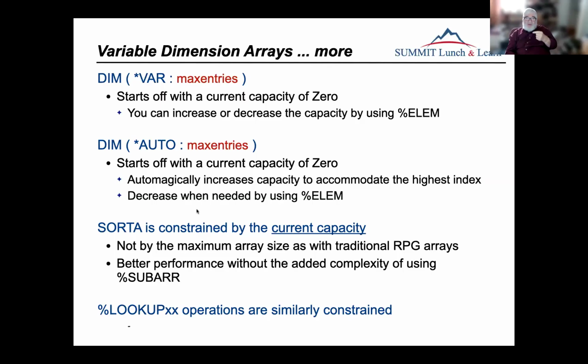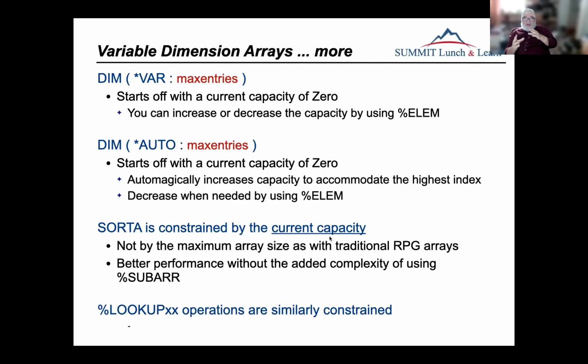Now, here's the cool thing about this stuff. Sortate and lookup are both constrained by the current capacity, not by the maximum array size. So typically, when you were doing sortate or something, you either had to make sure that values that weren't in use and therefore were shunted to the end had some low or high values in the key field or whatever.